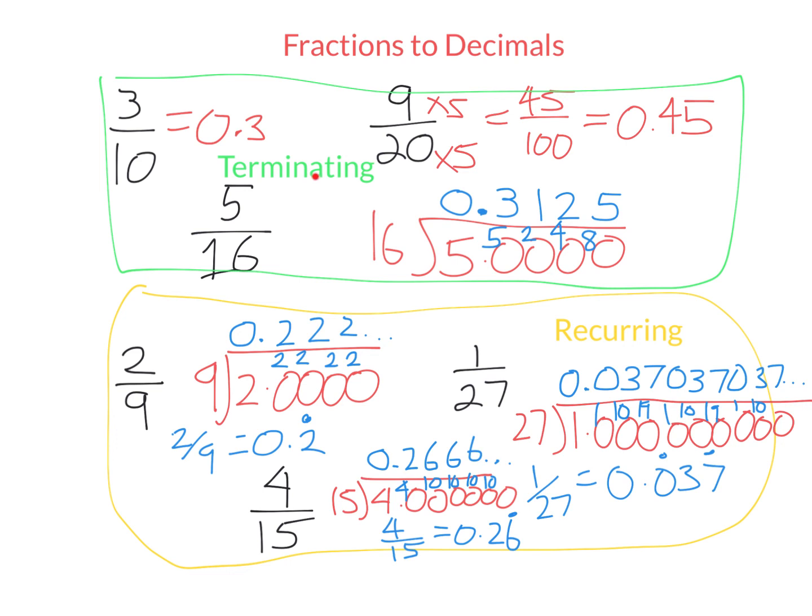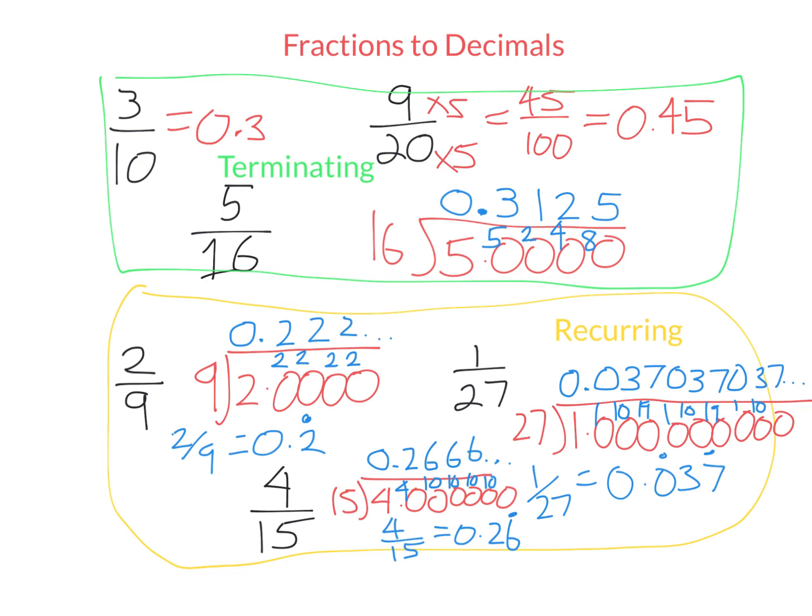So when do terminating decimals arise and when do recurring decimals arise? Well, it's not just if the denominator's even, it's terminating, and if it's odd, it's recurring. It's all about, can the denominator go into a power of 10 evenly? 10 goes into 10, 20 goes into 100, 16, it turns out, goes into 10,000.